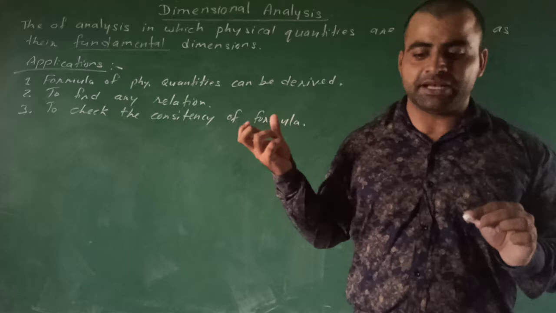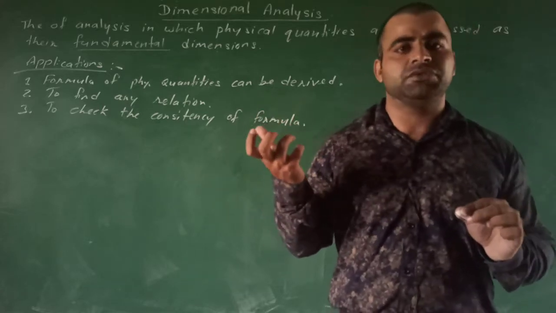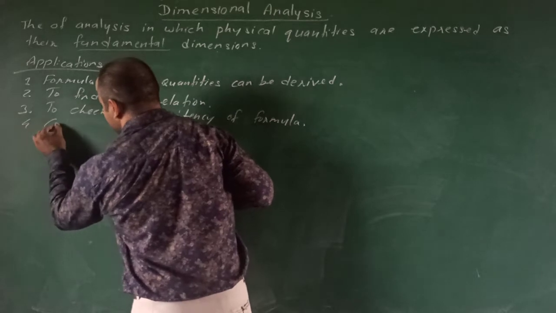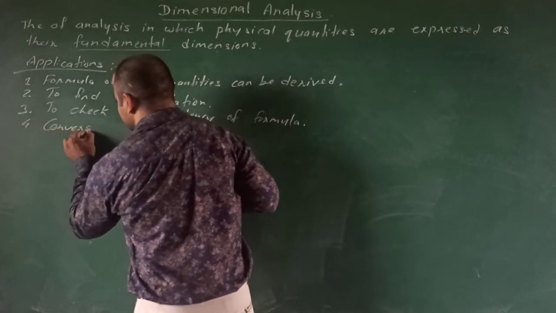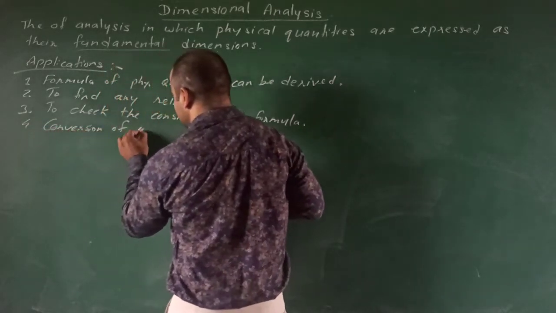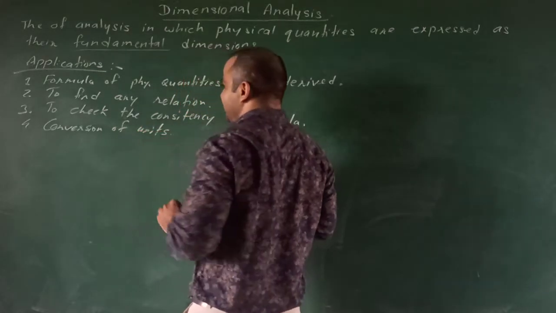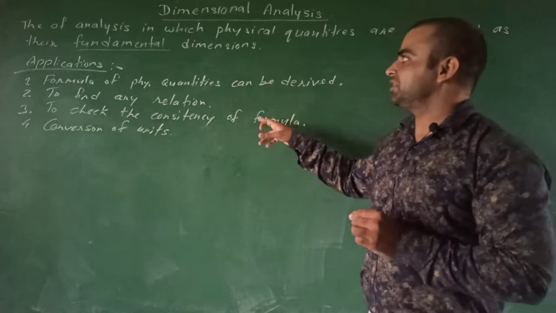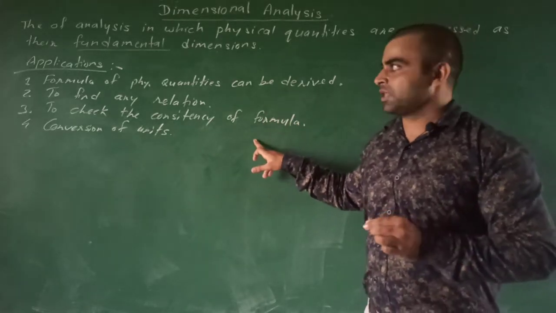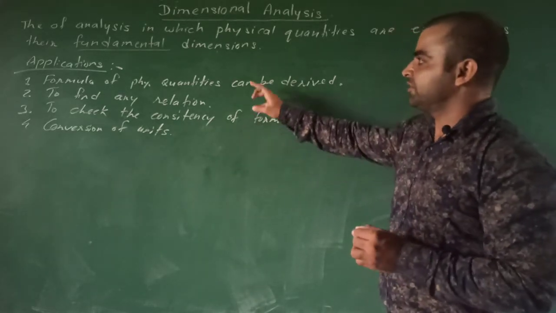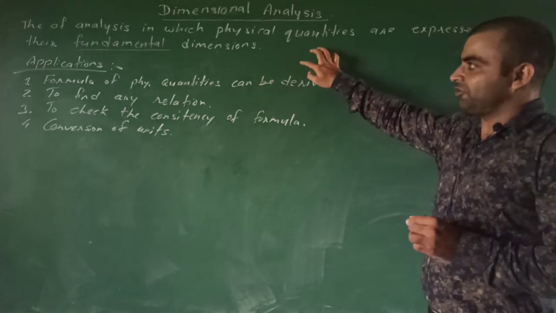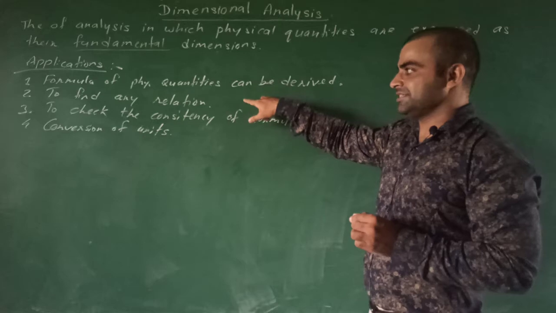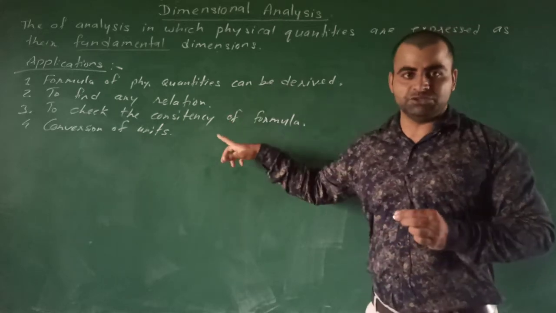And deriving the relation, conversion of units, we can convert one system of units into another system of units with the help of dimensions. So these are the applications: deriving any formula, finding any relation, checking the consistency and conversion of units.